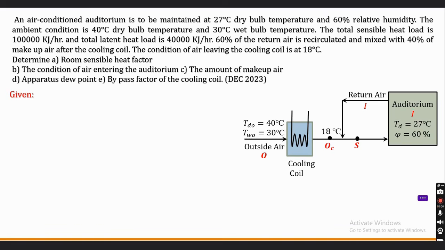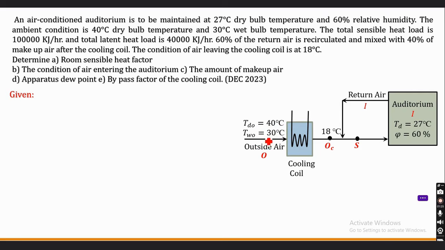Now based on the condition given in the numerical, we have the flow chart given here. This is the auditorium that we have to maintain at dry bulb temperature 27 degrees Celsius and humidity 60%. The outside air is at condition 40 degrees Celsius DBT and wet bulb temperature 30 degrees Celsius.